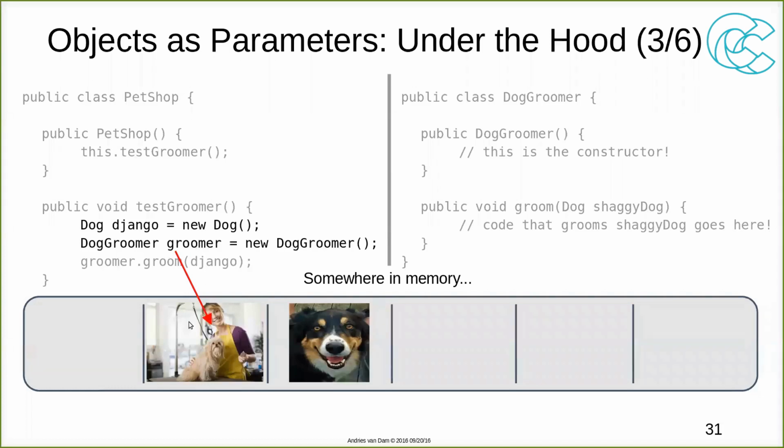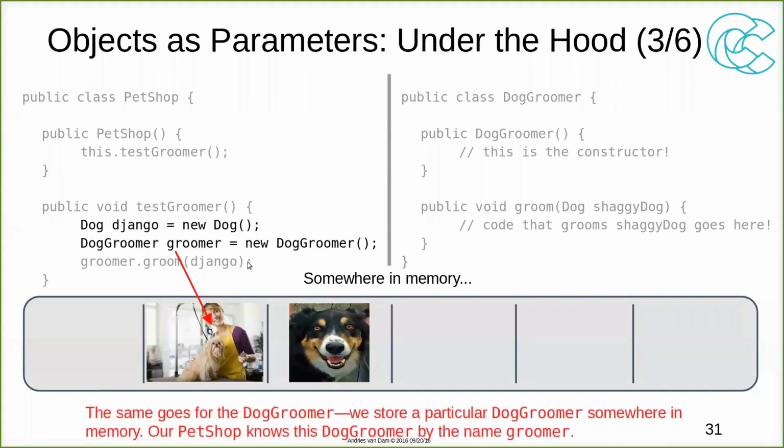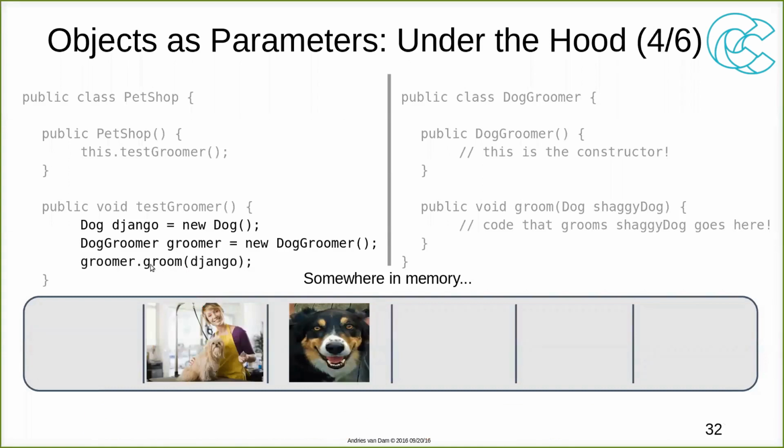Let's say this is 1000. So 1000 is now called Groomer. Now we go to the third statement, which is a method call. In this method call, we are passing in the parameter called Django, and this is the same method.